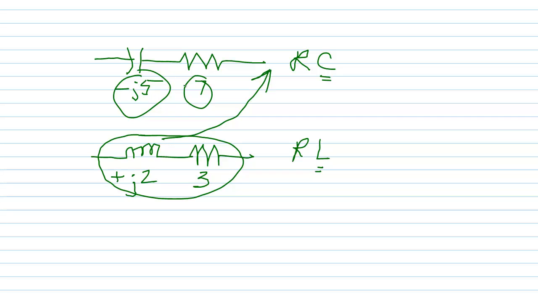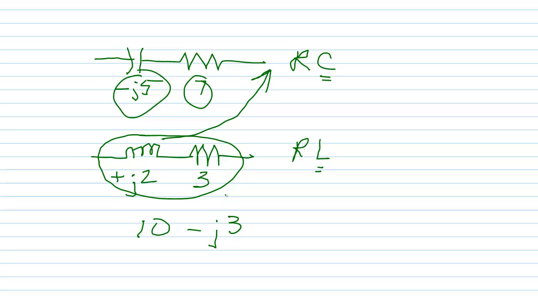That's what impedance is. So we add the real number parts and we get 7 plus 3 is 10 ohms of resistance. We add the imaginary parts, we get minus j5 plus j2, so that's minus j3.